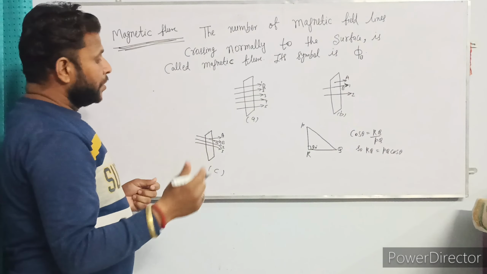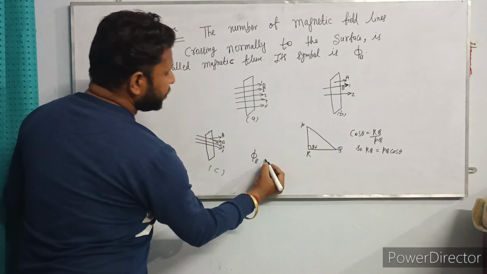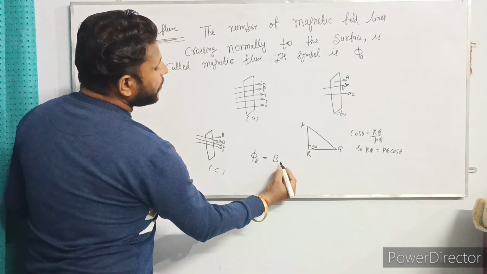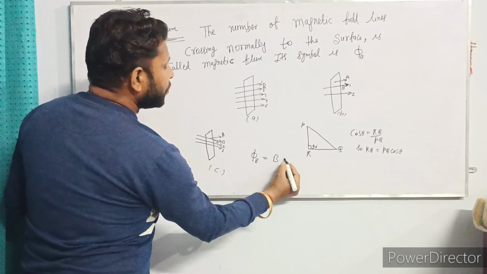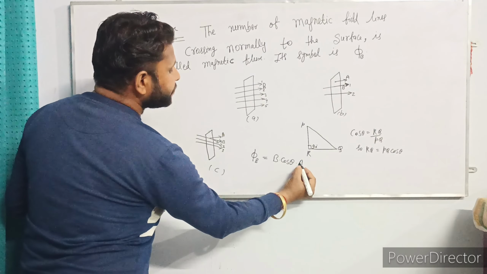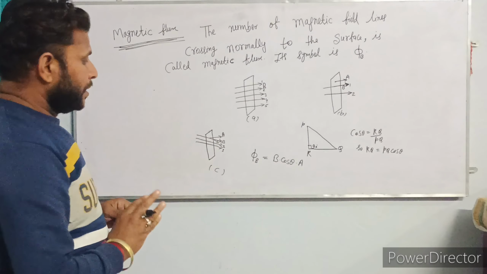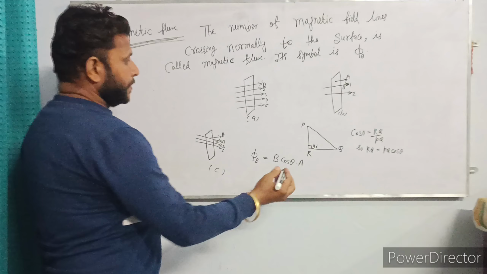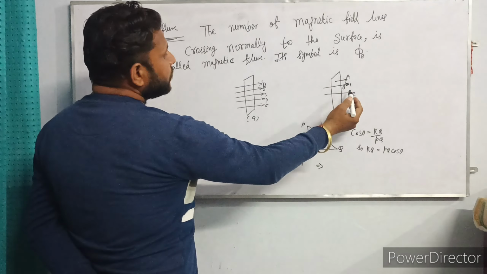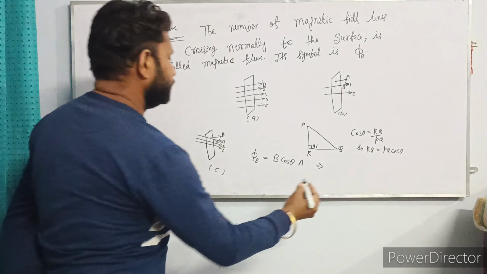Okay students, so the formula for magnetic flux, it is denoted by phi B equal to B cos theta multiply A. Here in this figure, the angle between magnetic field and area vector is 0.